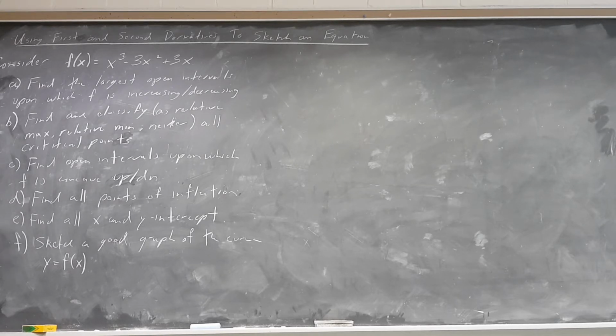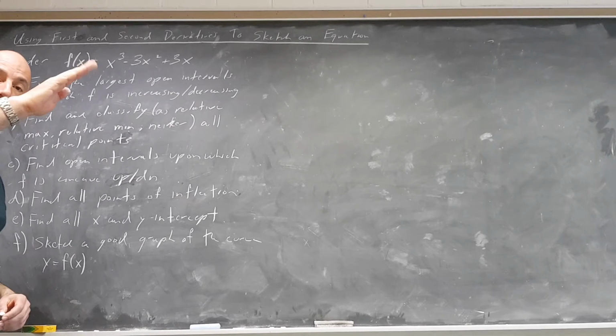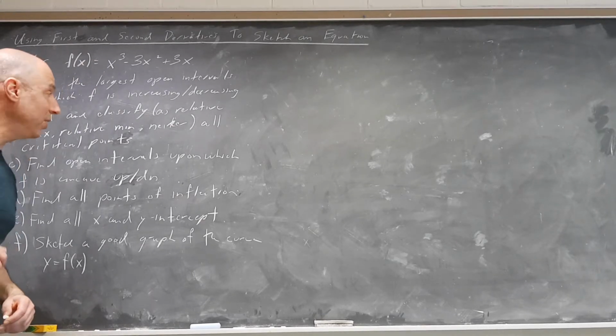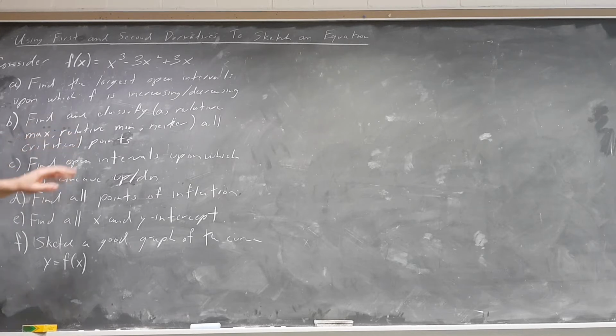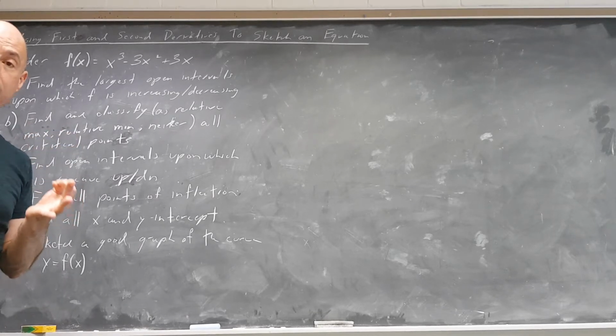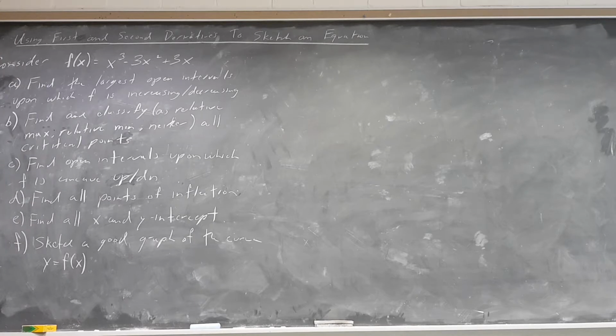Okay, so let's take a look at part A and part B. Part A talks about where the function is increasing, going uphill to the right, and where it's decreasing, going downhill to the right. And part B talks about critical points, places where the derivative either equals 0 or doesn't exist. And both of those have to do with the first derivative.